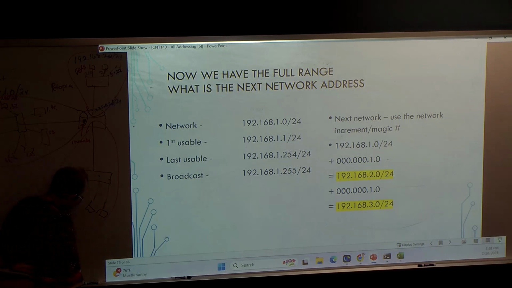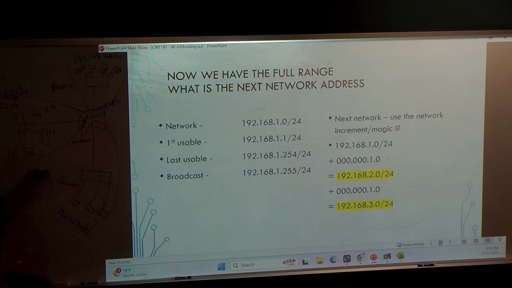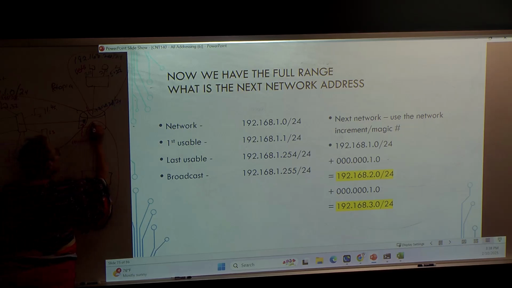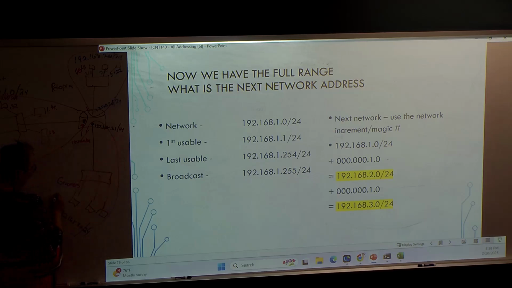Exactly. So the groomers, their network is 192.168.3.0/24. What address do I give to the default gateway? 3.1/24. And I can assign this one the .2, and this one the .3, and this one the .4.